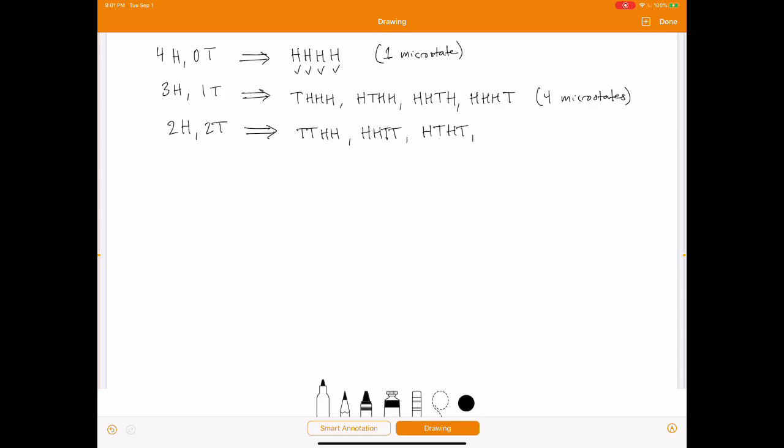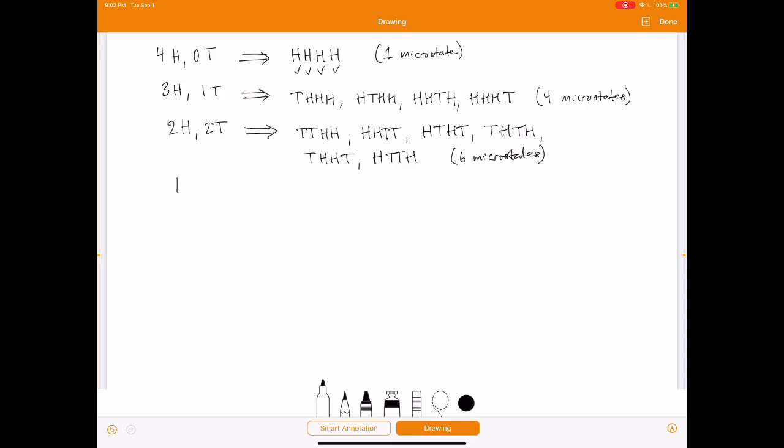You could have an alternating sequence, but it starts on tails, so tails, heads, tails, heads. Or you can get one that looks like this: tails, heads, heads, and then tails. Or you can get heads, tails, tails, heads. So these are the different ways you can flip a coin 4 times, and in total you get 2 heads, 2 tails. So what we say is there's 6 microstates that look like this.